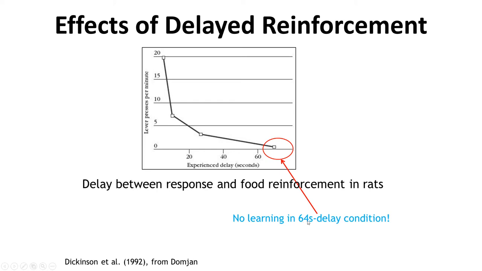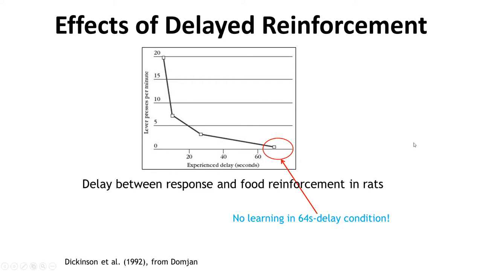So anything longer than 64 seconds of a delay, you don't see much learning at all. This is our general rule, where shorter is better. You can still see some learning in moderate amounts of delay, but not as good as when they're short delays, and then really long delays have pretty much no learning.